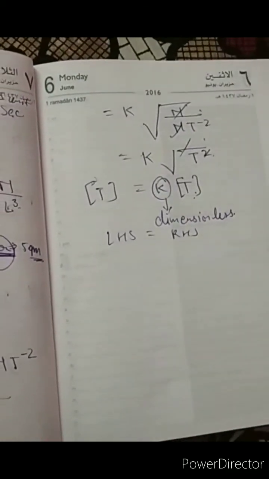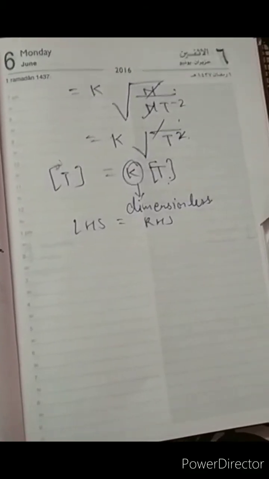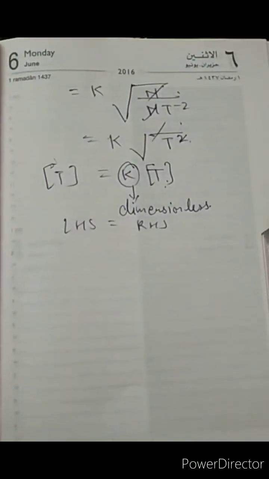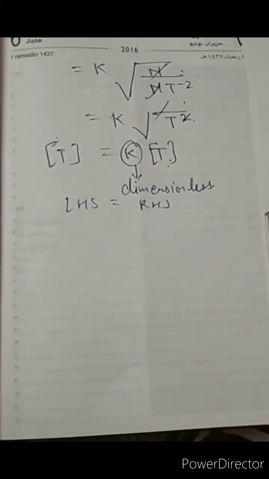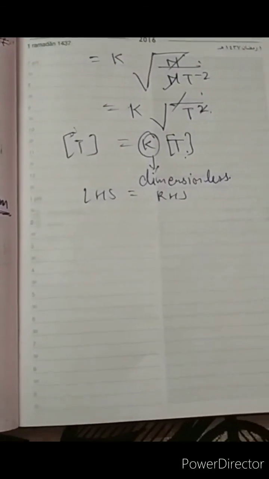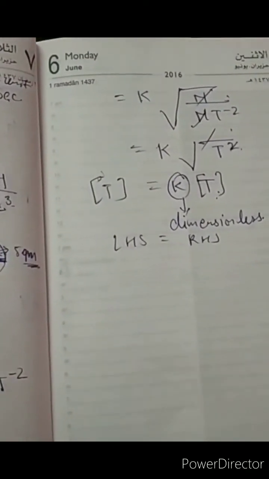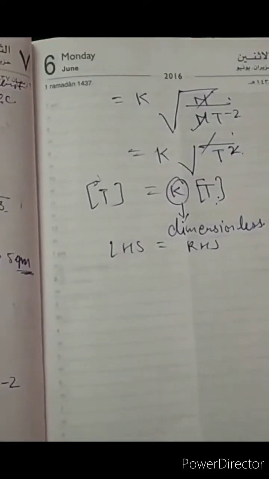So this is one more use of dimension analysis. There is one more use of dimension formula in the next part. Definitely we are going to do it, and we will do some numericals of it also. That is, we can make a formula with the help of dimension analysis. We can form a formula also. So in the next part we will see that.